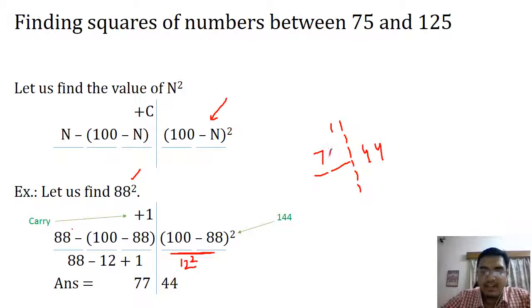So 76 plus 1 carry, so we have 7744. So what you need to do is calculate the perfect square of the difference between the number and 100. That comes out to be 12 square. Subtract 12 from 88, that is 76. So 76 plus 1 is 77.